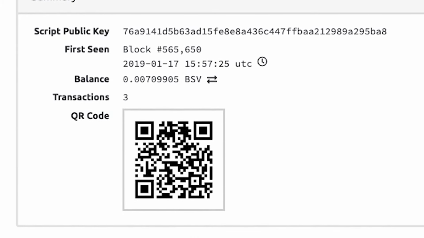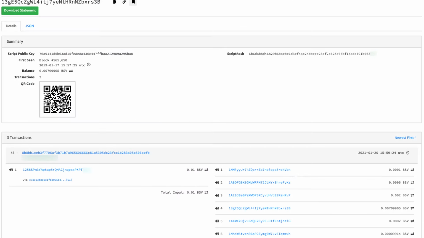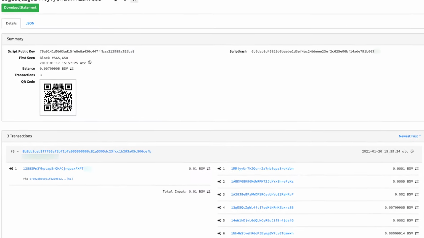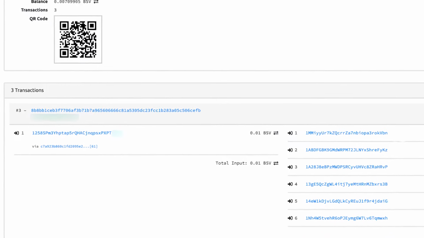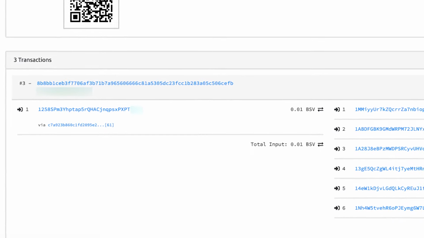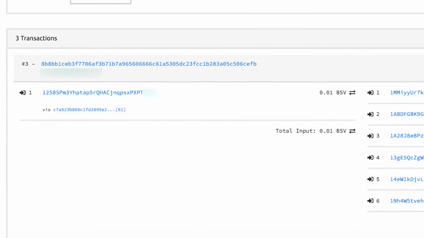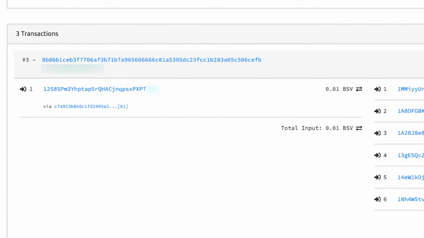Yeah, we're looking at this thing where it says summary script public key. Is that what you're talking about? Yes, that's the public key that goes with that address. So the first transaction tells us that we've got another completely new number sitting there. So let's look at this.